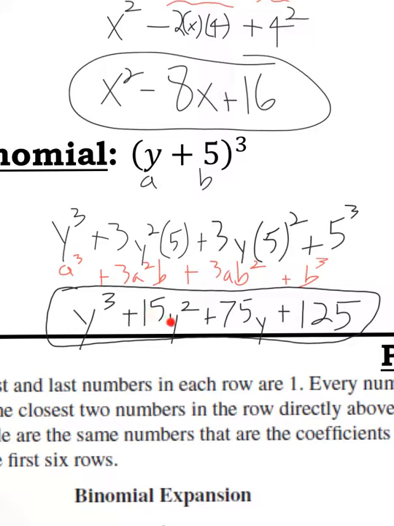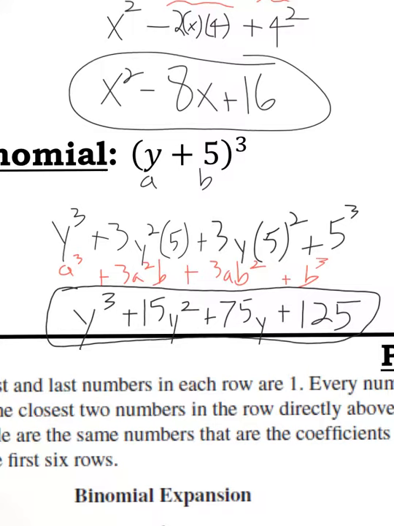So then I just had the y squared with it. Then it said 3ab squared. So a is y, b squared is 5 squared. So what's 5 squared equal? 25. What's 25 times 3? 75. So I got 75y right there. And b to the third is 5 to the third, and that's just 125.